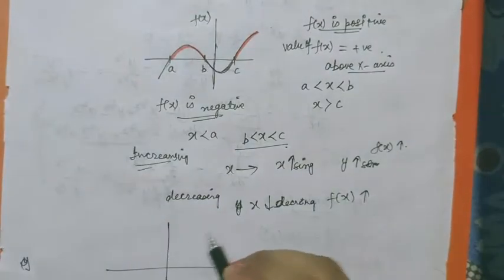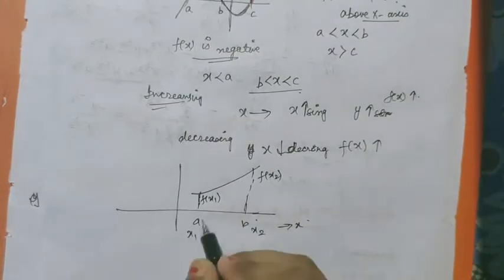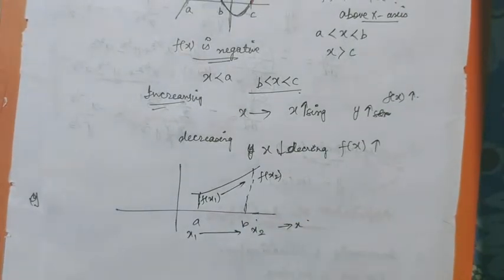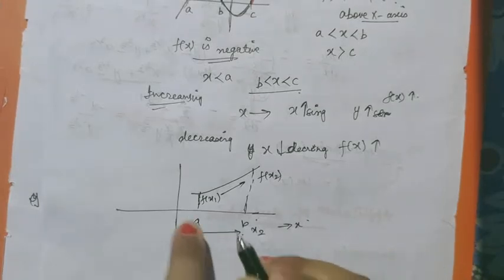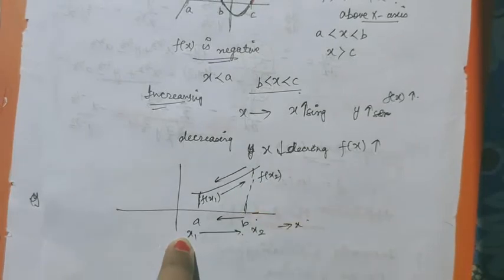See, if a function is increasing, this is an increasing function, yes or no? You can see clearly that this is increasing in this interval a comma b. Take here fx1 and fx2, this is x1, this is x2. When x is increasing, fx is also increasing. You can also say that when x is decreasing, fx is also decreasing.